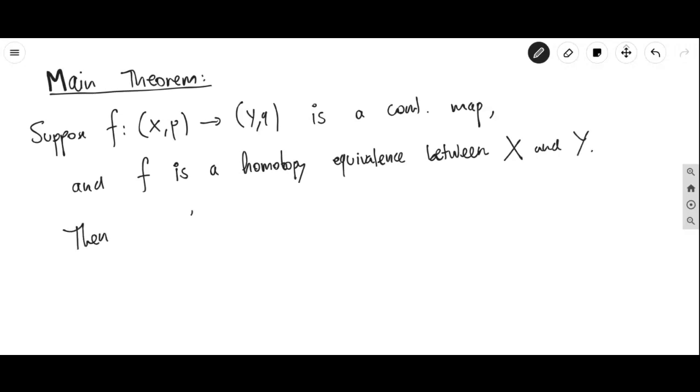So then f star, this is the induced map. Anytime you have a continuous map, that continuous map induces a homomorphism of groups between the fundamental groups. Then the induced homomorphism coming from f is an isomorphism.